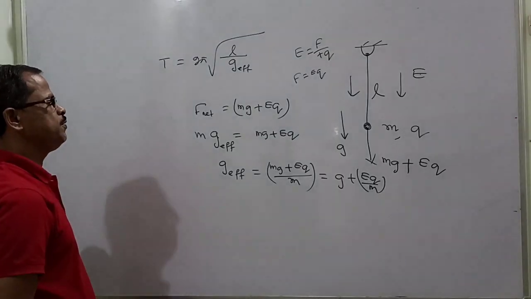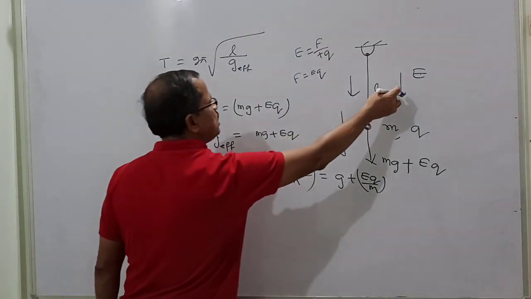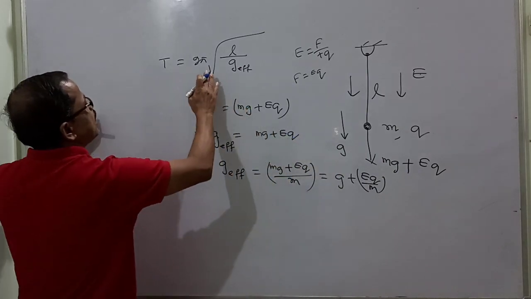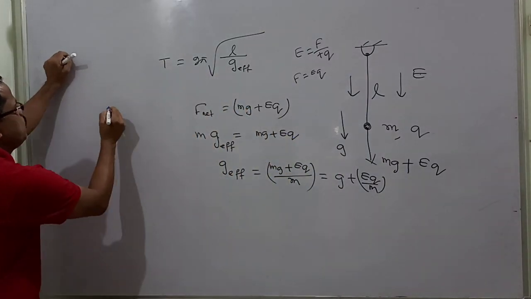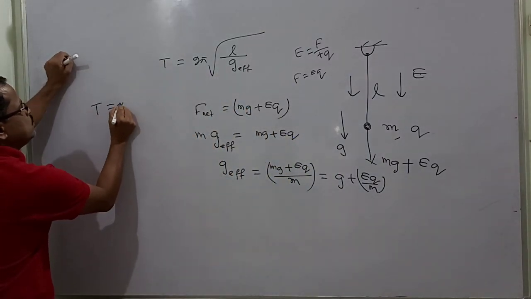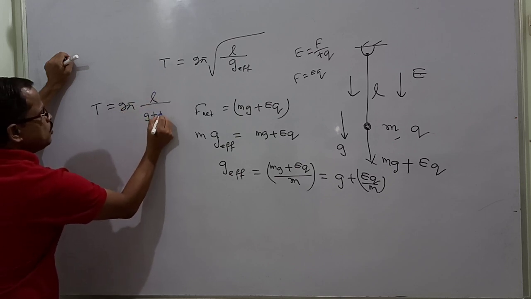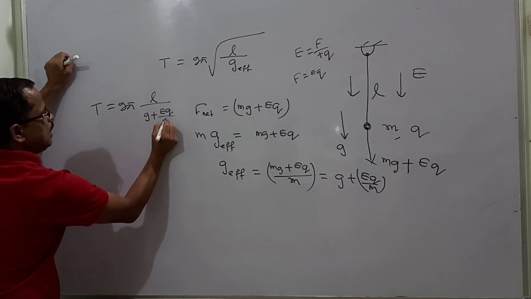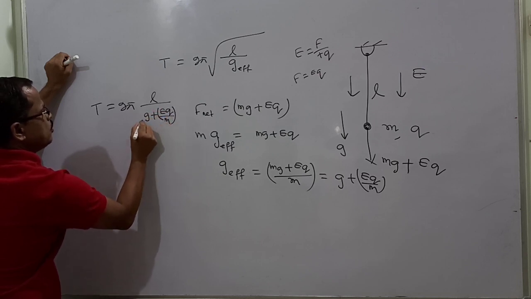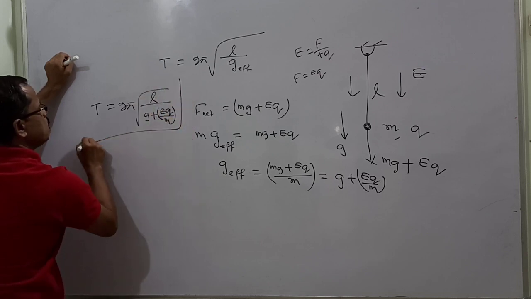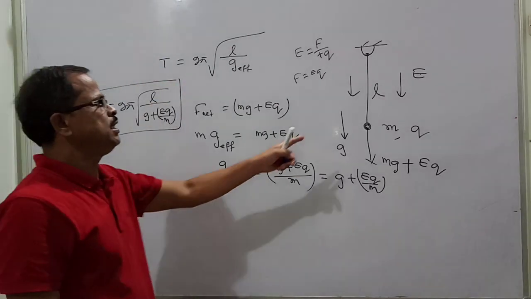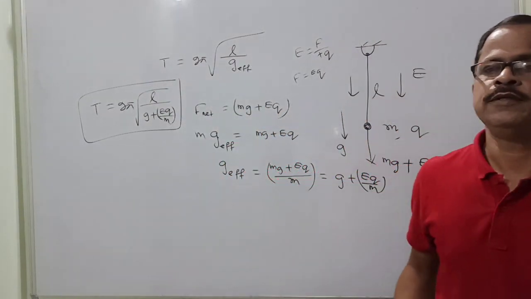Now the time period, if the electric field is downward, is T equals 2π root over L by (g plus EQ by m). This is the time period of a simple pendulum if the electric field is downward.